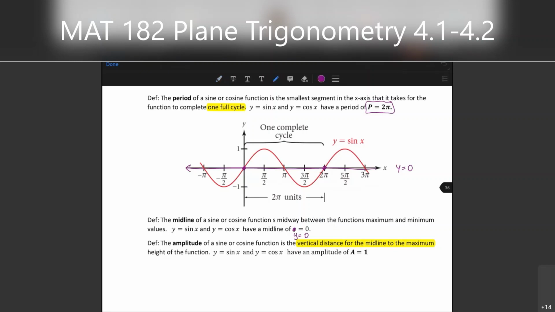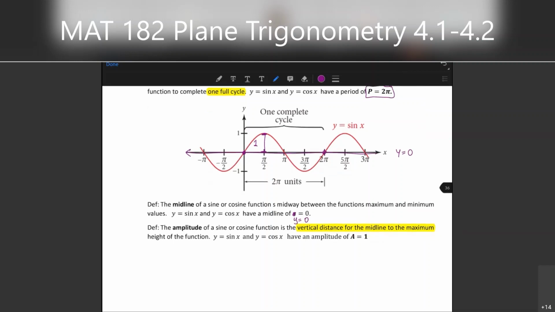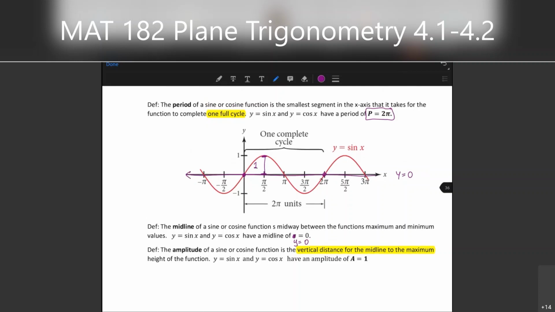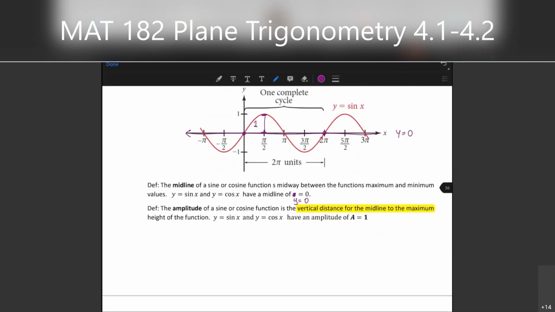You'll notice that we just increase 1 unit from the midline to the top. So even though the graph goes over 2 units of height, the amplitude is concerned with half of that height, the midline to our maximum point. Those are the 3 items that we're going to focus on today.